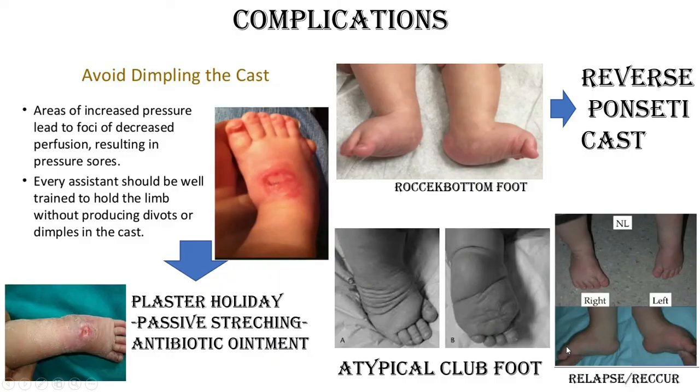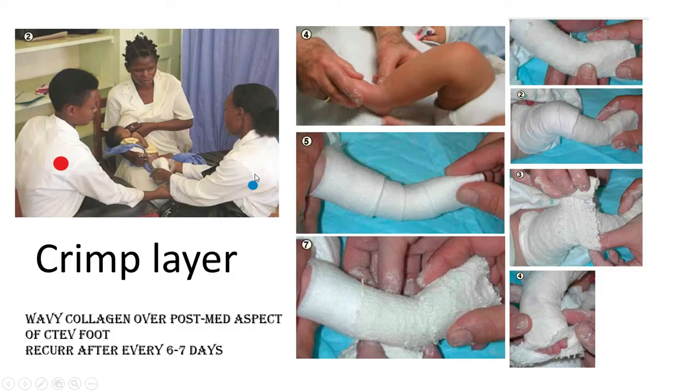Now, the complications of plaster. First and foremost and most common complication is pressure sore or plaster ulcer. During our pressurization or correction of the foot, we used to do one common mistake.